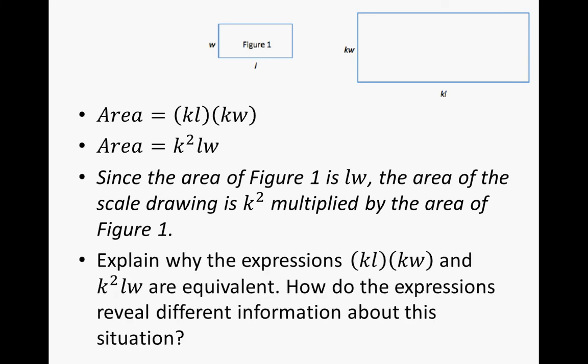So explain why the expressions K times L times K times W and K squared times L times W are equivalent. How do the expressions reveal different information about the situation?